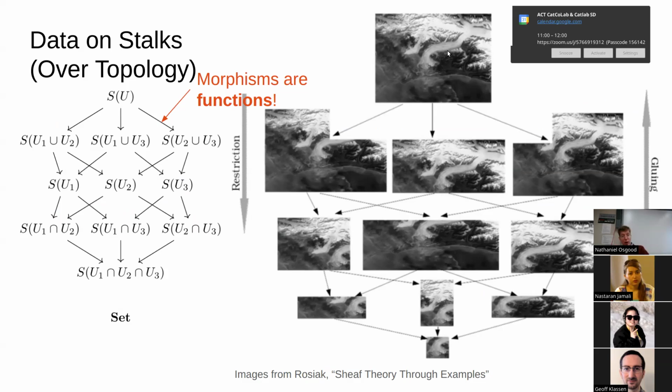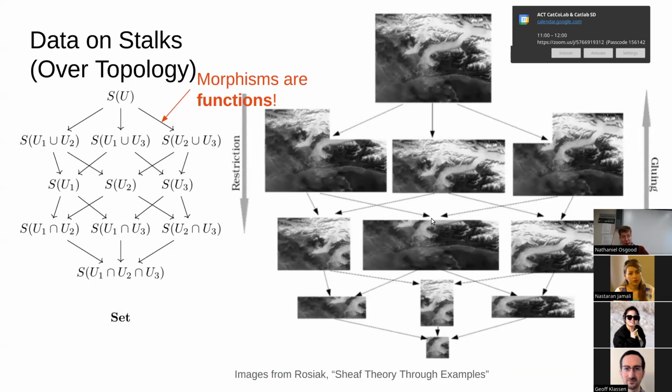If I follow a point here, and I follow it down here, and I follow it down to something that's in this, it needs to be the same as if I go here and follow it down here. It all has to line up.